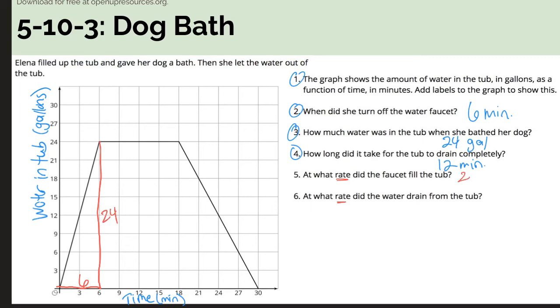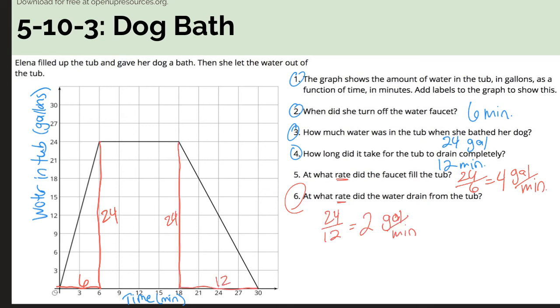Rise over run, 24 over 6, simplifies to 4. Now the important thing here is the label, and what does that mean? Well, the label is going to be gallons per minute, and so what we're saying here is that we are filling the tub at 4 gallons per minute. All right, right now go ahead and try number 6 and start again when you're ready.